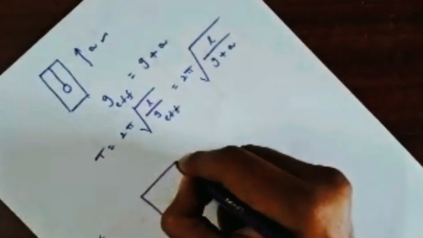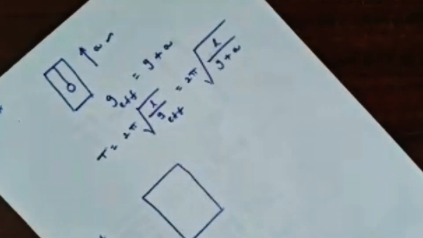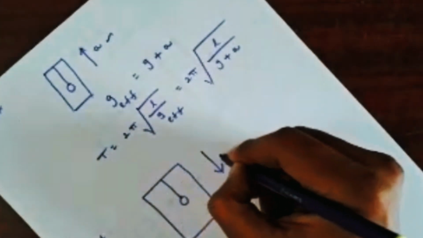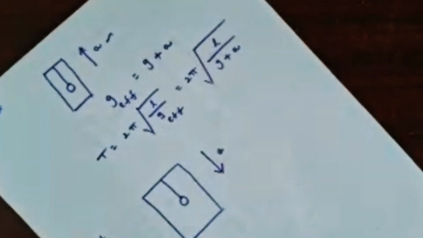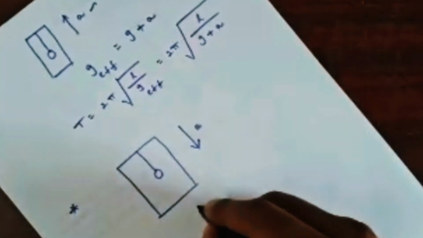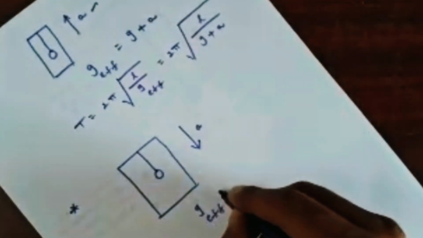Now this is the lift, and this is the pendulum. Now the pendulum is moving downwards with the acceleration a. Then what about the g effective? Just now I said that when the lift is moving upwards, it is g plus a.